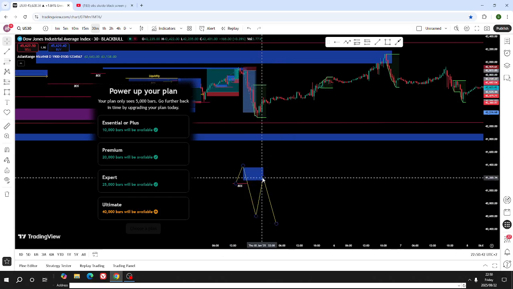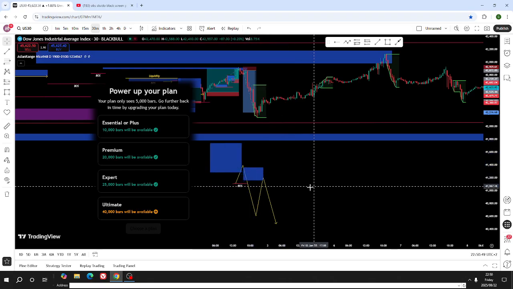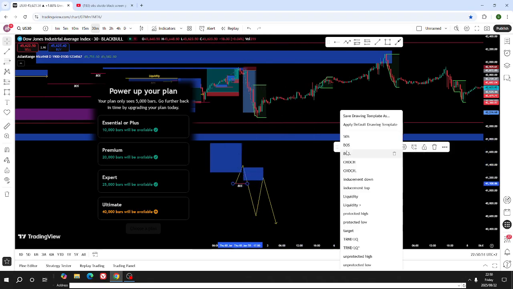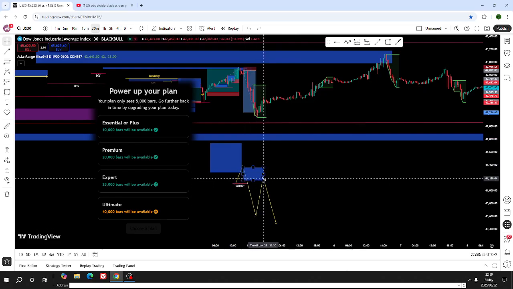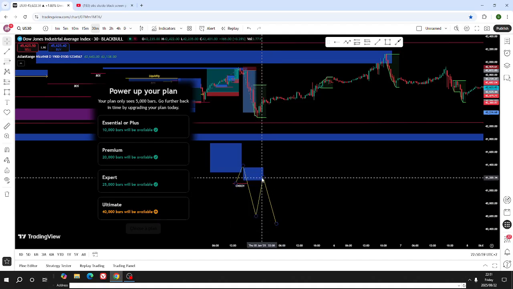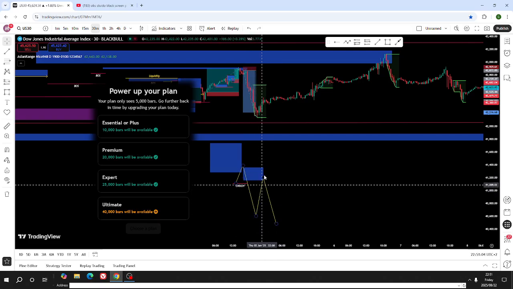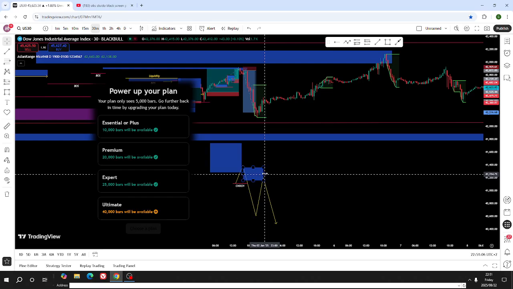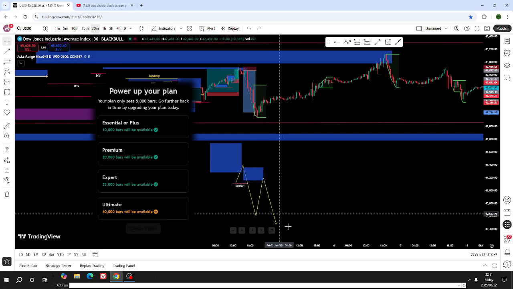Remember, from our huge supply, we changed character. It's only going to our internal supply, but on 30 minutes you will get to see one candlestick. If you go to 15 minutes, you'll get to see 1, 2 candlesticks. Then on 5 minutes, you see market aligning from here, then going towards the downside.